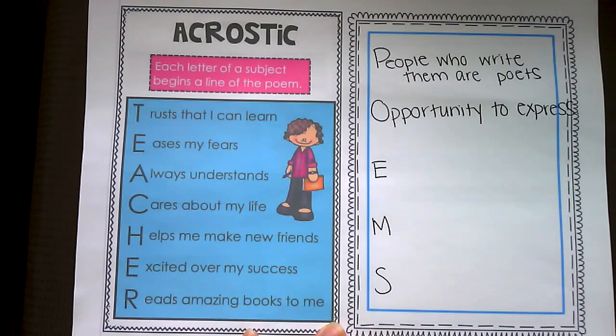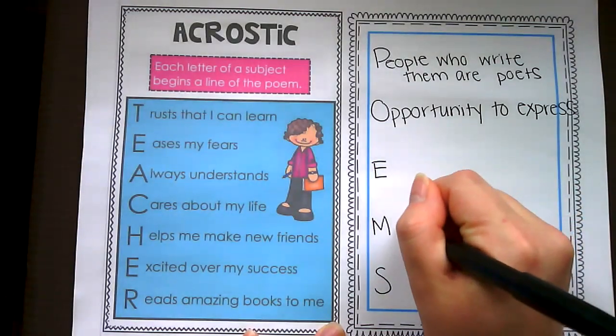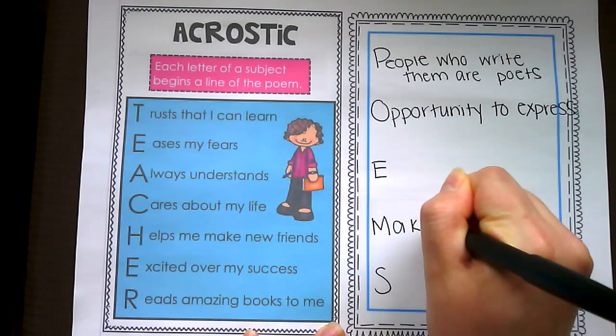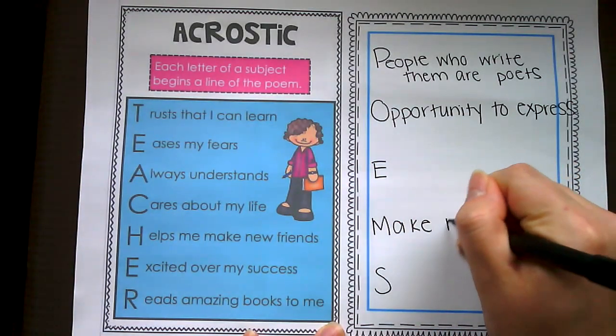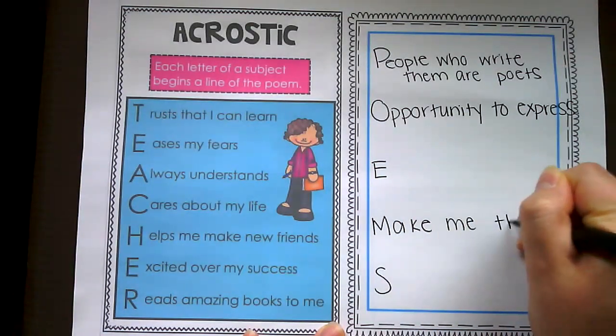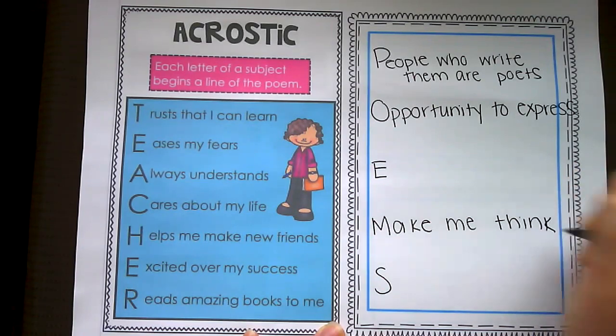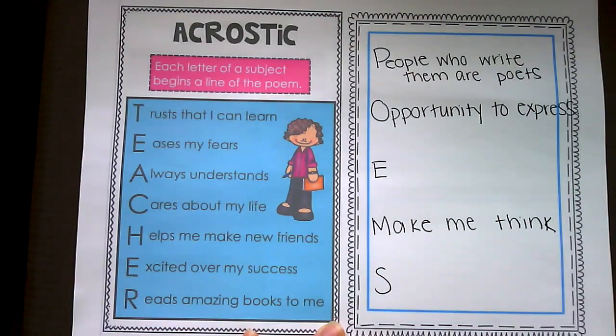All right, so that's P-O-E. E is kind of tricky, so I'm going to skip down to M, and you can do that too. You can skip around. I'm going to say poems make me think. And look at that, I was successful with that one line too.